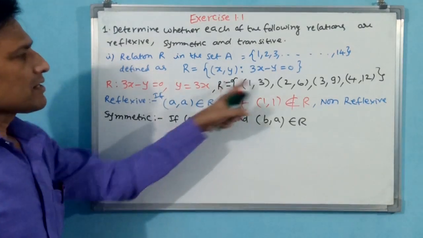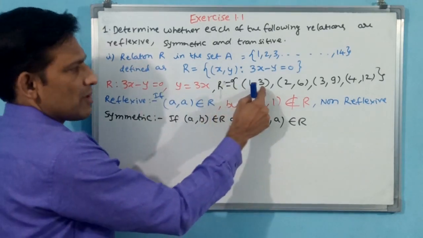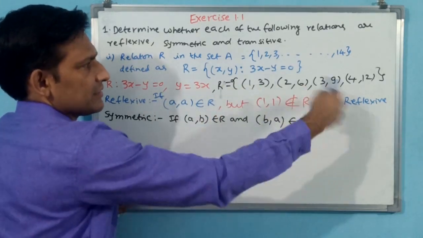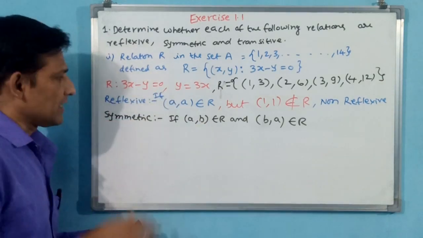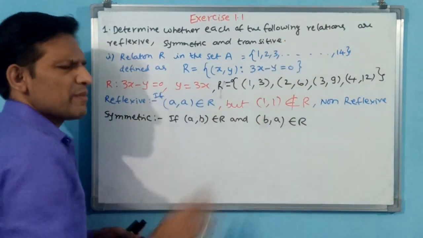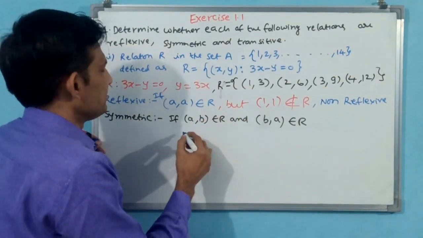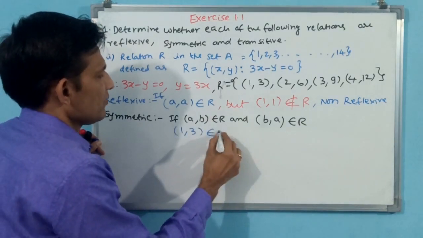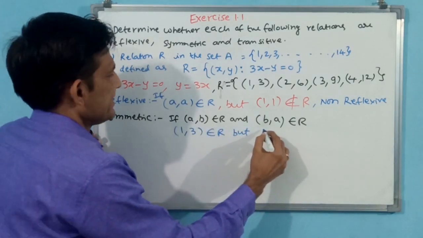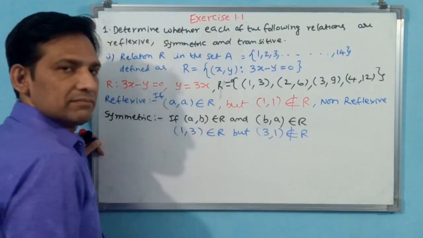But here 1 comma 3 is there, while 3 comma 1 is not there. So this is not symmetric. We need not see the remaining. If one is not there, it is not there. I am writing here: 1 comma 3 belongs to R, but 3 comma 1 does not belong to R.